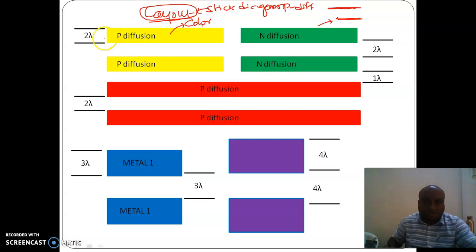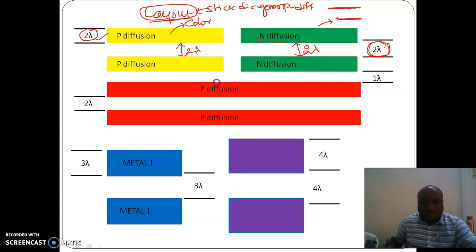The width of P diffusion to be maintained is 2 lambda. Similarly, the width of N diffusion is also 2 lambda. The separation between two diffusions, P diffusion and P diffusion, or N diffusion and N diffusion, should be 2 lambda.